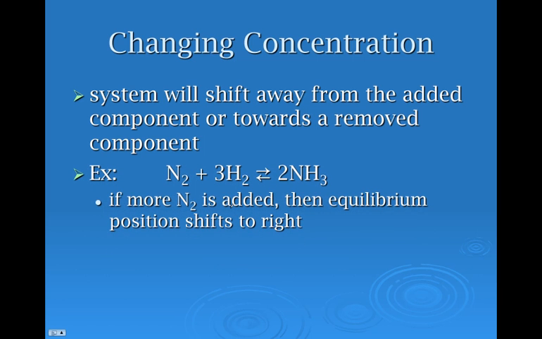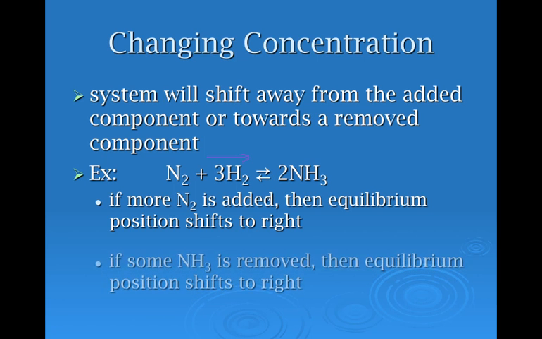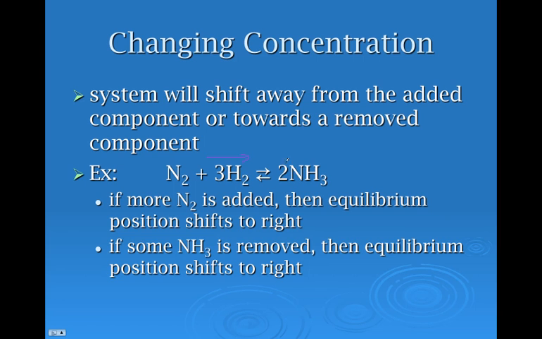If more N2 is added, remember our teeter totter, so to speak, if you add more on this side, it's going to shift back this way to get back to equilibrium. If the NH3 is removed, it's still going to move to this side.